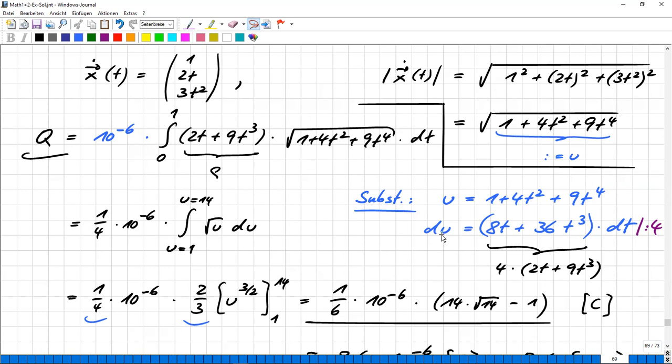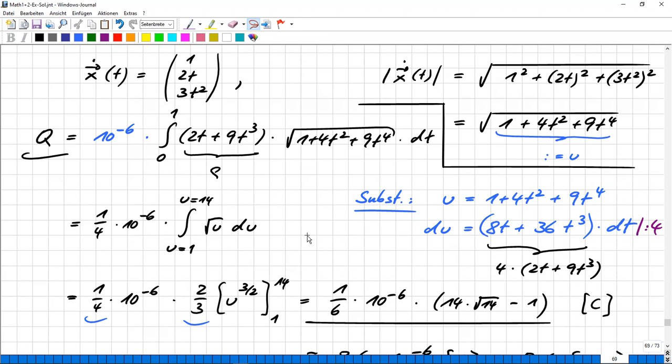And this is what I use instead of 2t plus 9t cubed times dt. This factor times dt is replaced, after dividing by 4, by 1/4 du. So that's a little tricky here, but in the end, that's everything we keep inside the integral.